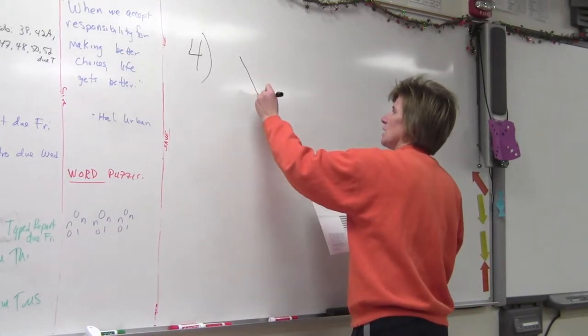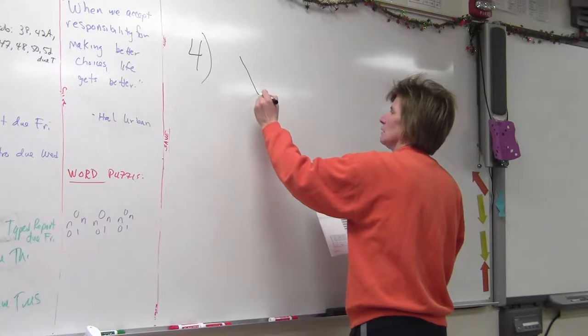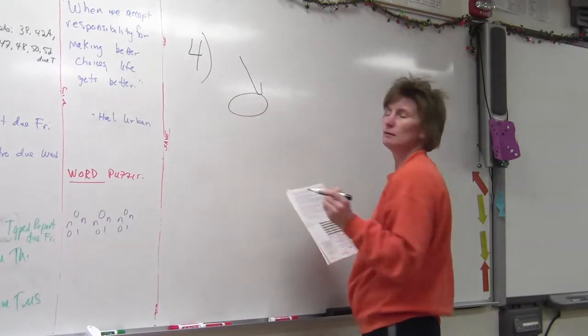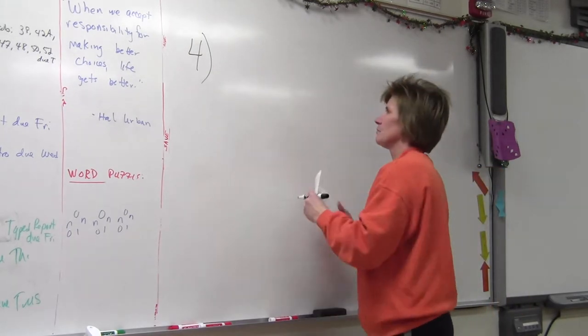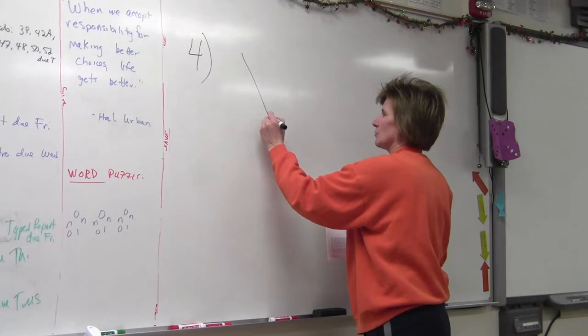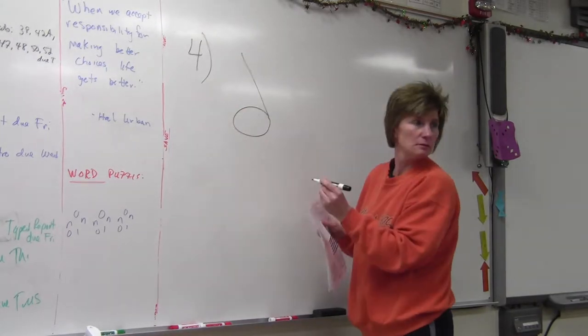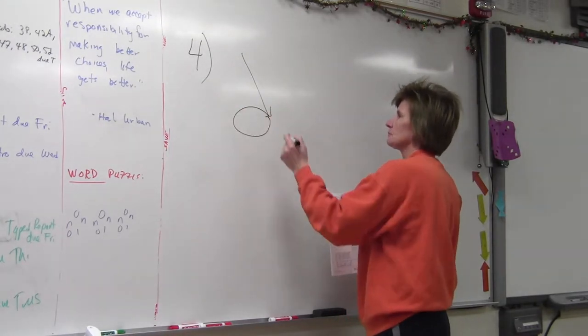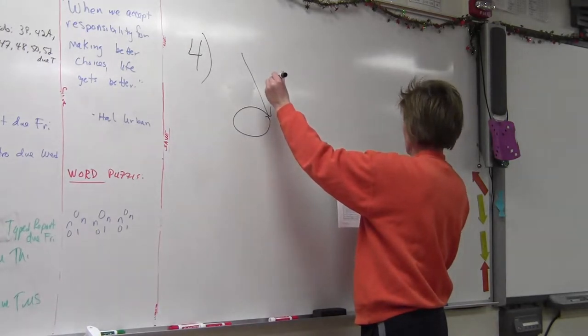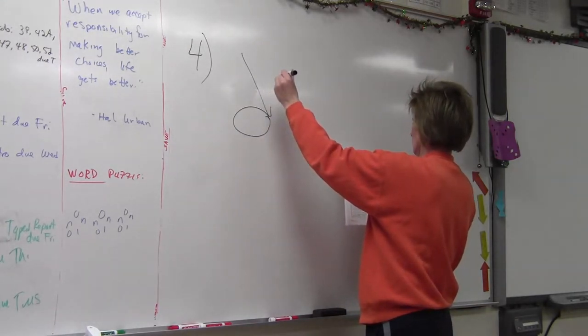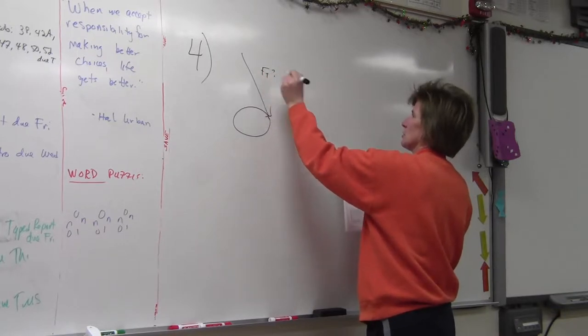So she's hanging on a chair on a swing. Probably draw that a little bit better. She's sitting here. This force of tension is given to us, right? No, that's what we're after. So we're after this force of tension.